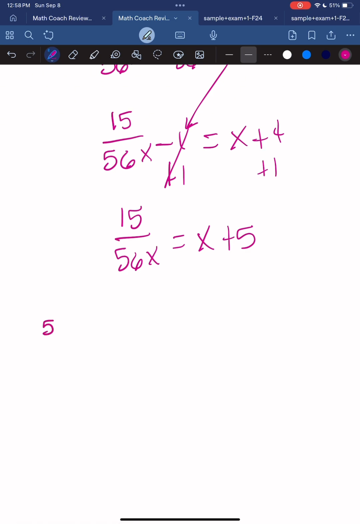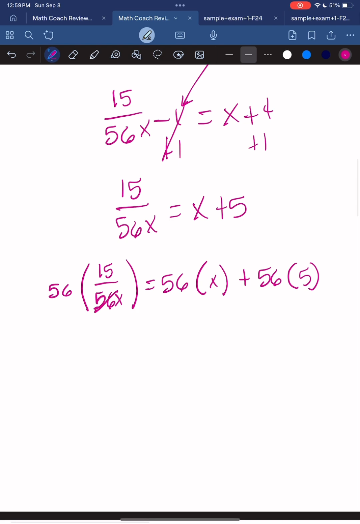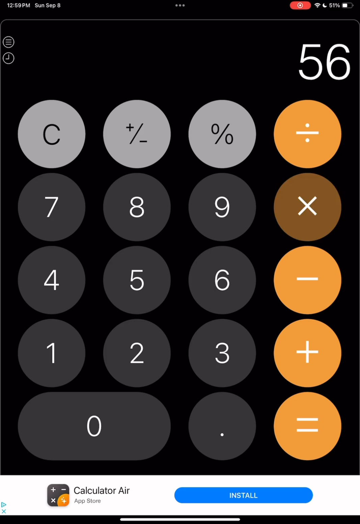So 56 times 15 over 56x equals 56 times x plus 56 times 5. So these would cancel, and then it will leave us with 15x equals 56x plus 56 times 5. 56 times 5 is 280.